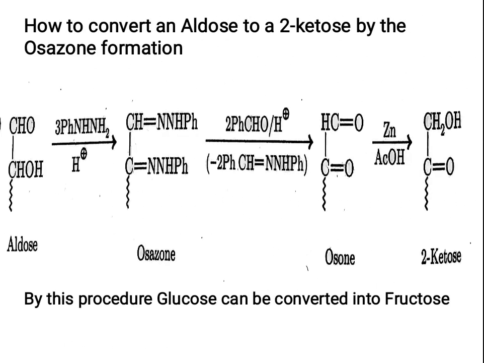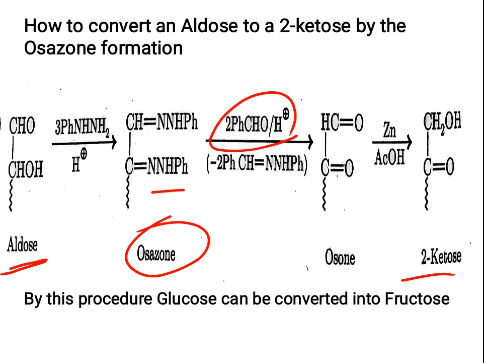How to convert an aldose to a 2-ketose by osazone formation. By this you can convert an aldose to a 2-ketose, that means you can convert glucose to fructose in this manner. At first make the phenyl hydrazone, that means osazone. Then treat it with benzaldehyde in the acidic medium.